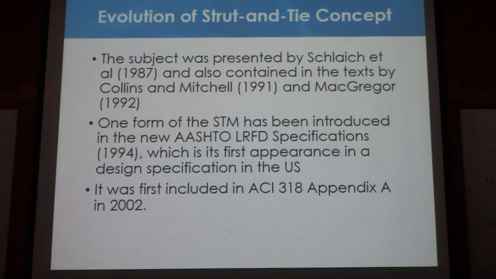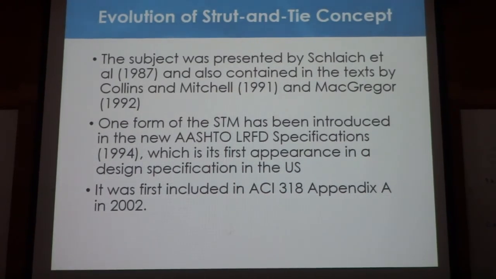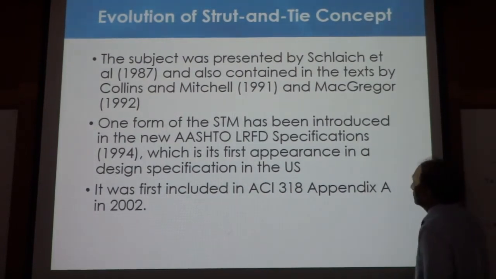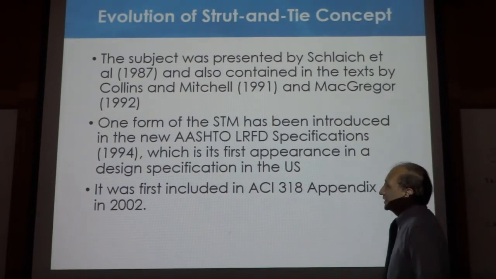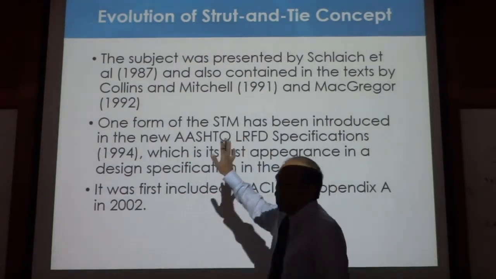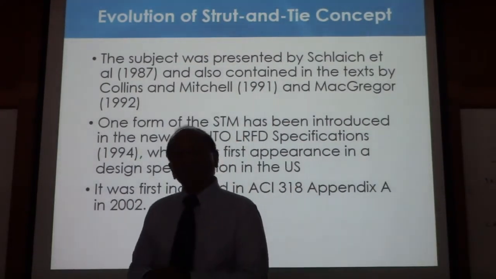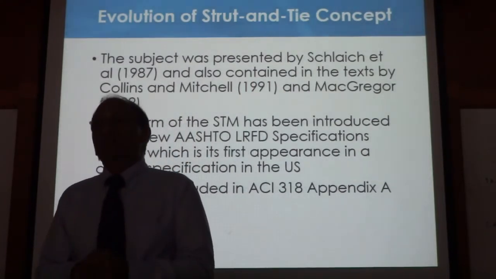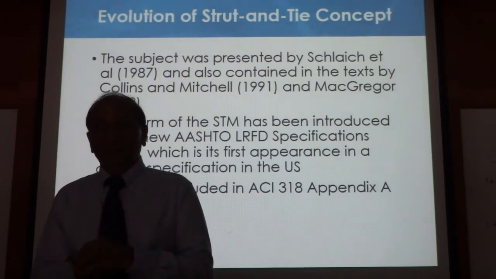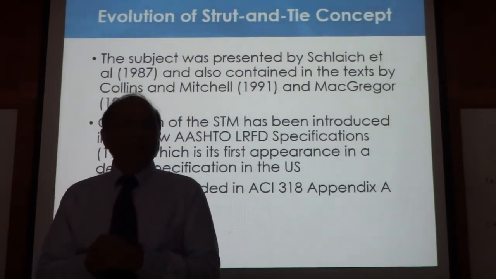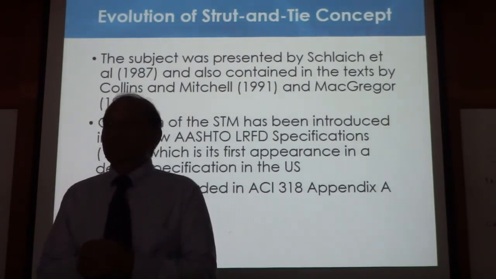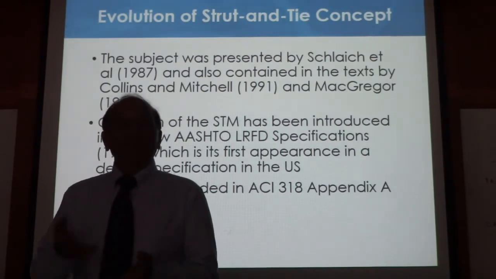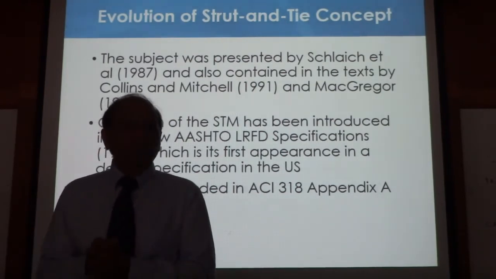The subject was first presented, even before that, in this slide in 1987, and also continued in the text by Collins and others, but actually that is not really true. If you go back very far, in the 1920s, there was a paper by one guy who said this, but nobody believed him, and the poor guy passed away, and long time after his death, now people say, oh, he was right?